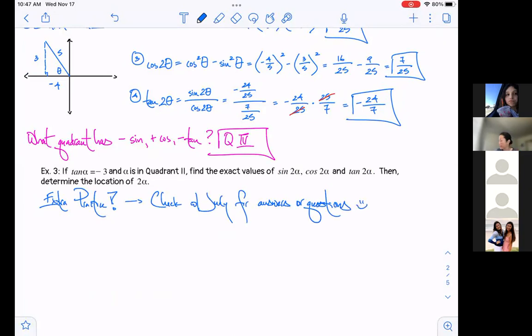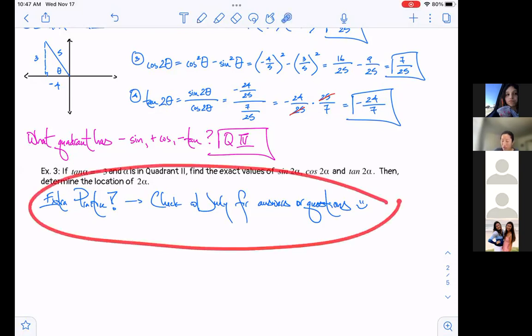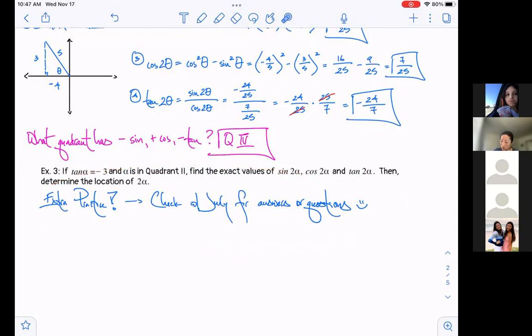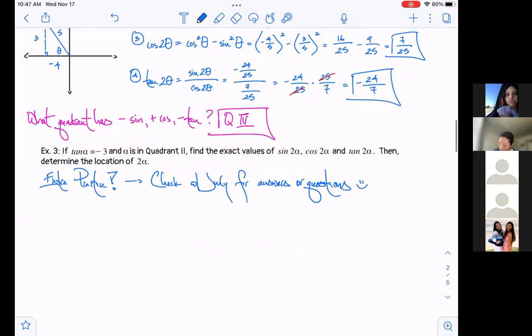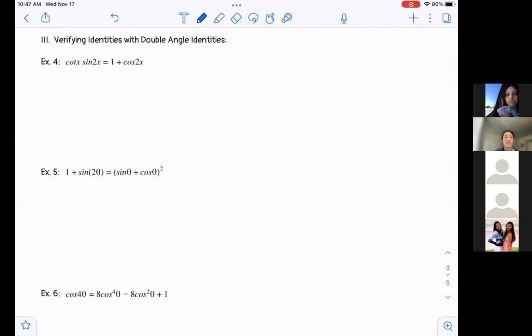I know that not everyone takes me up on that, and that is absolutely fine. I do always appreciate when people come back and say, I actually did this question, and I realized I had a question about how to do that, or is this answer correct? You can use that to study for the next exam, or just do it for extra practice, or not if you feel like between the quiz and this, you got it. All right, so moving on, let's take a look at verifying identities.